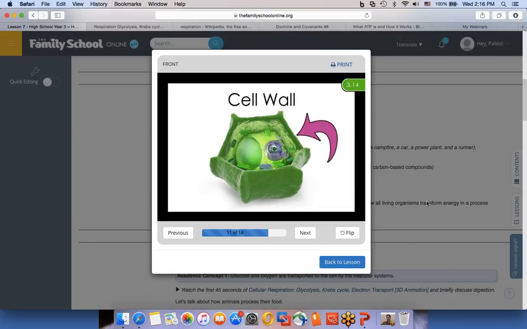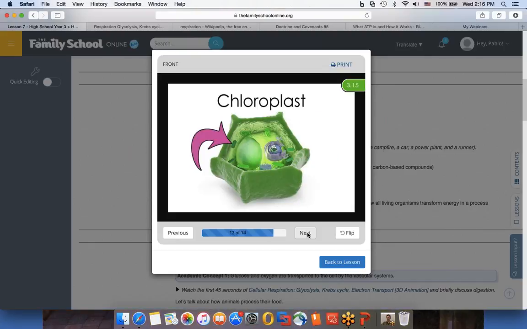They kind of make a mesh out of the wall. So the prokaryotes all have cell walls too. So mainly plants, prokaryotes, and fungi. Fungi have a cell wall made out of a substance called chitin. We may talk more about that in the lesson when we deal with that.